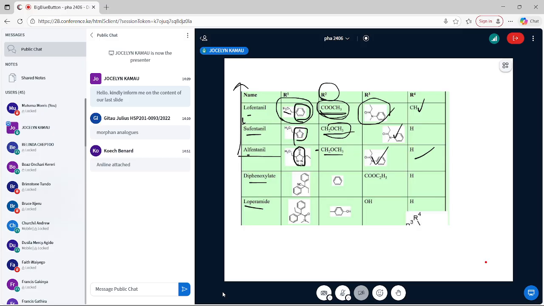The only difference with loperamide and diphenoxylate is that now the groups are made very, very bulky. When they are made very bulky, these compounds have very, very high lipid solubility. When you take them orally, because of the very high lipid solubility, they are retained within the GIT.